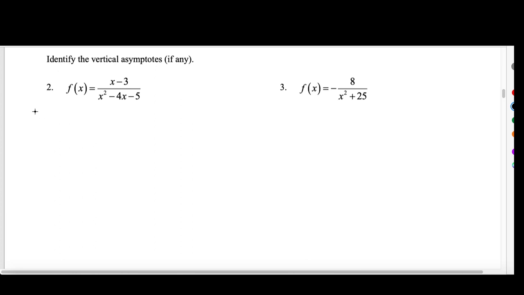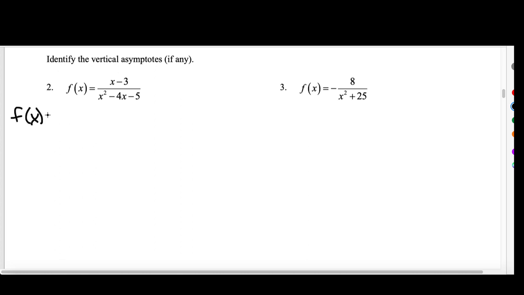Okay, so for this one right here, we have a rational function where the numerator is a first-degree polynomial, and the denominator is a second-degree polynomial, or also a quadratic.